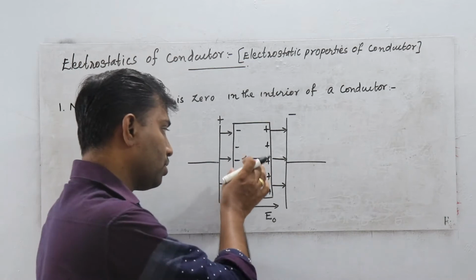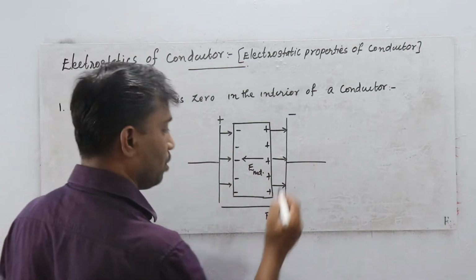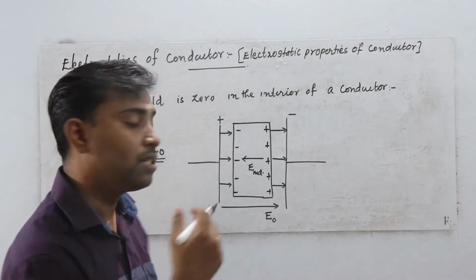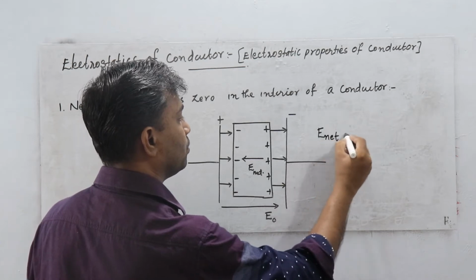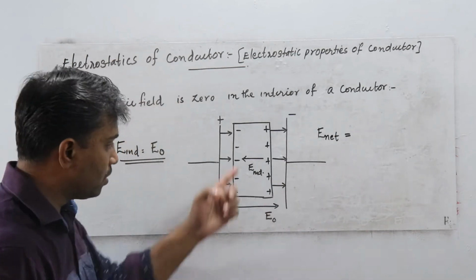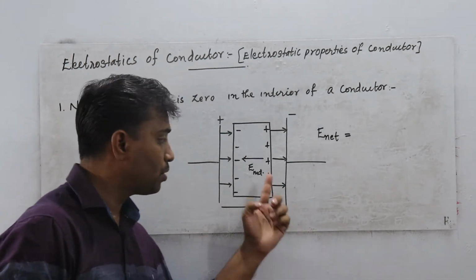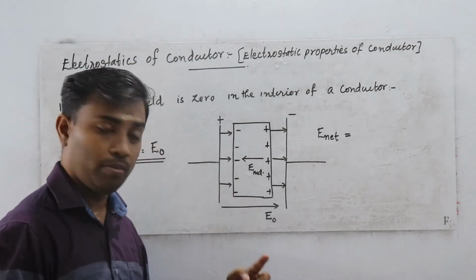So the net electric field can be represented by E net. The external electric field is in this direction, and the induced electric field is in the opposite direction.